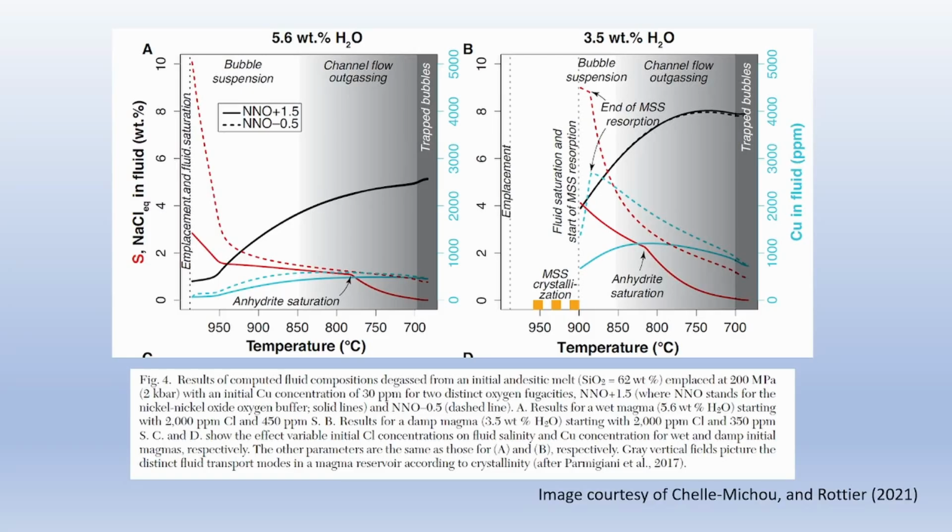But under more reduced conditions, which is the dashed line, NNO plus 0.5, sulfur is more fluid mobile. That means more copper can hitch a ride, because sulfur and copper travel together in magmatic fluids. So if you're building a porphyry system, a moderately reduced condition is actually favorable because it liberates copper earlier and more efficiently.